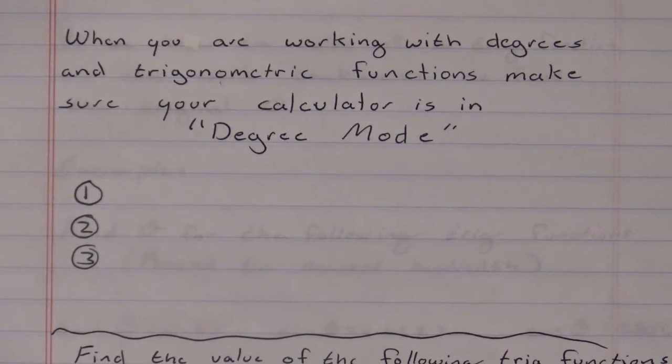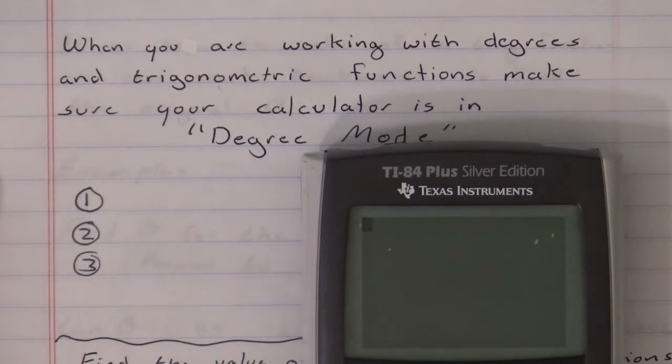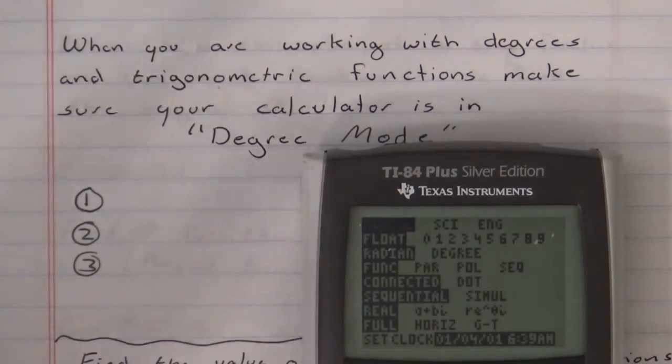Alright, so when we are working with degrees and trig functions, make sure your calculator is in what's called degree mode. I'm going to show you this with the TI-84. Step 1, I'm not going to write this down; you can just write it down for your own remembrance. Step 1, press the mode button.